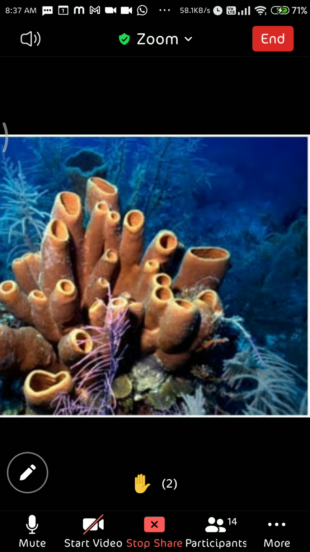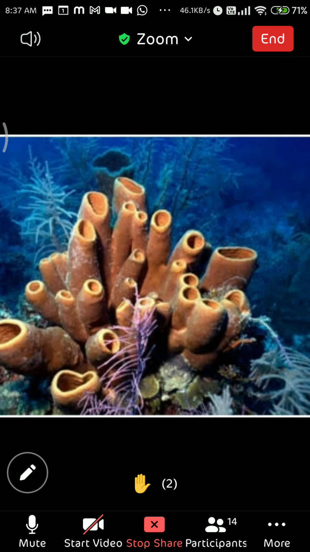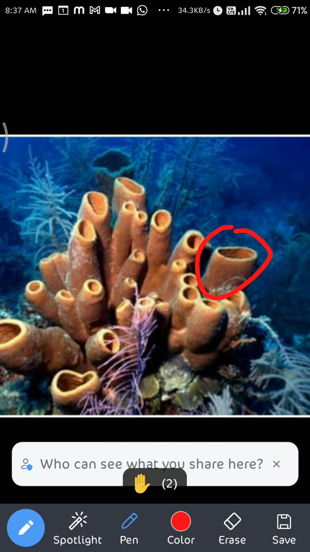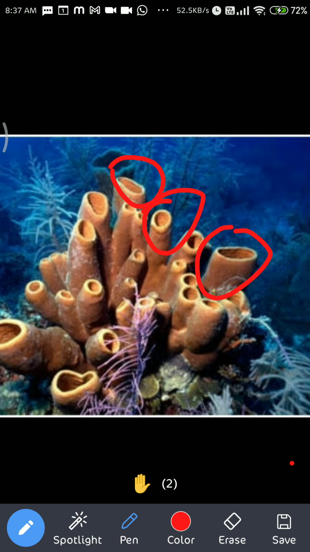This is the large pore through which they excrete out the excretory substances, the waste. So this is Porifera.